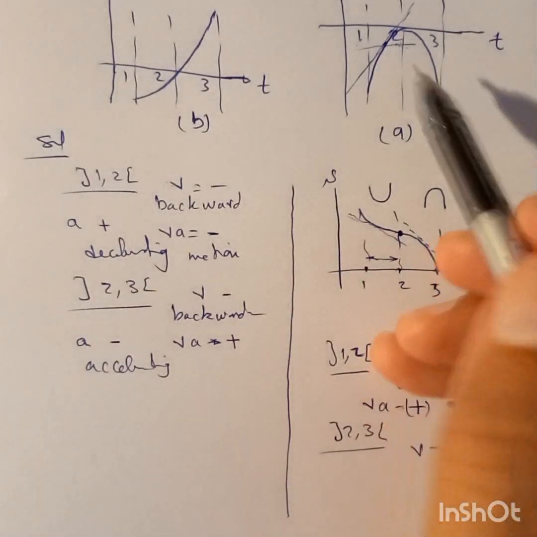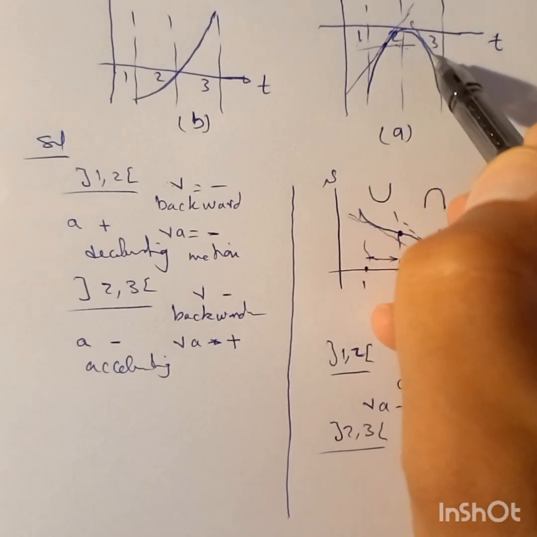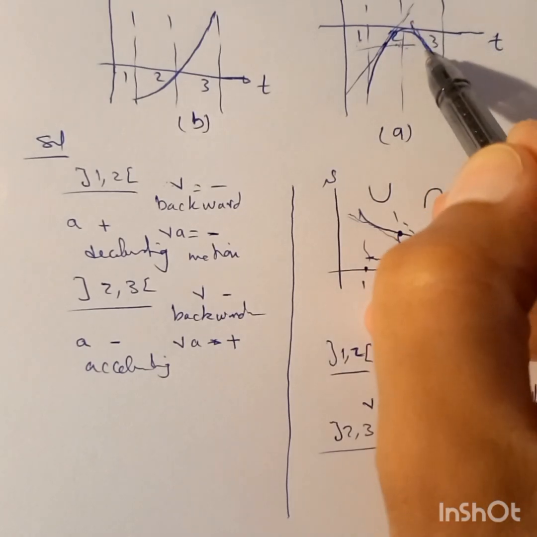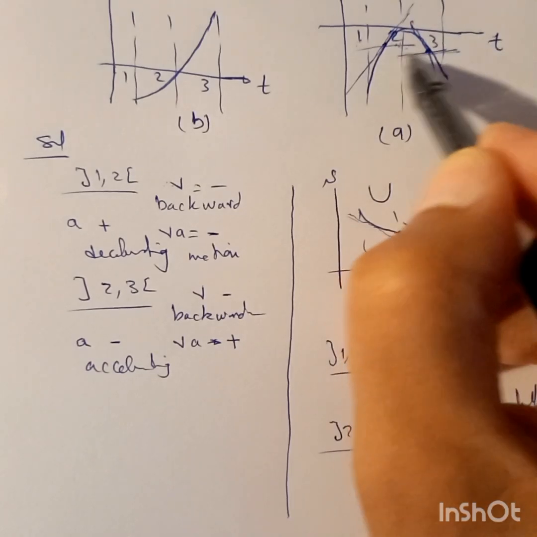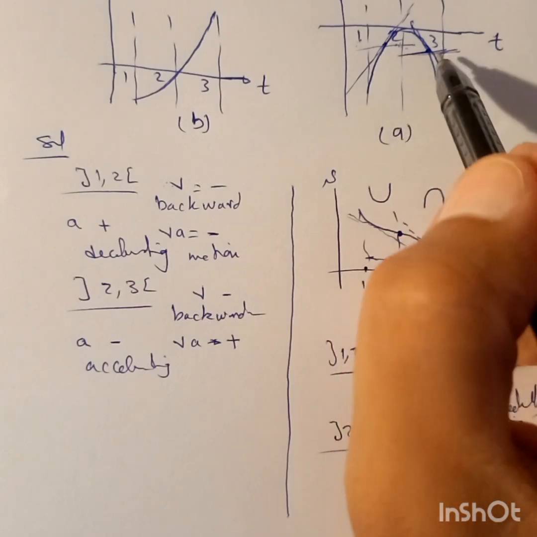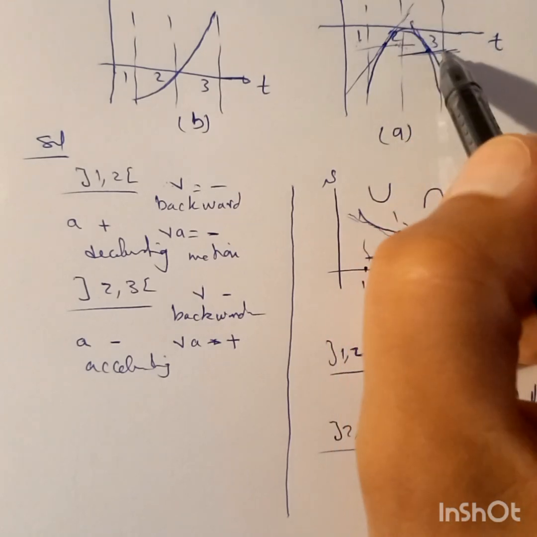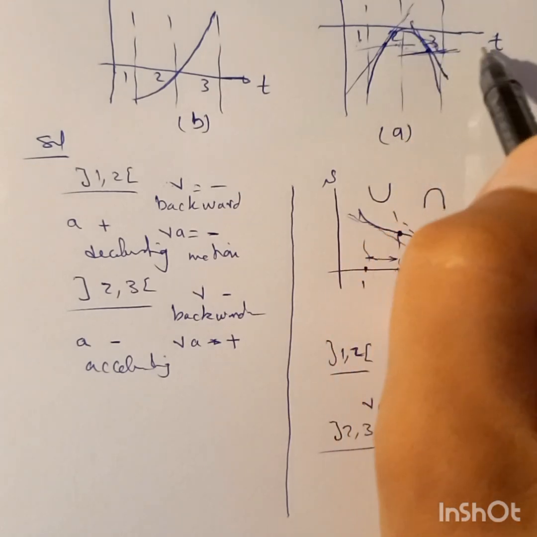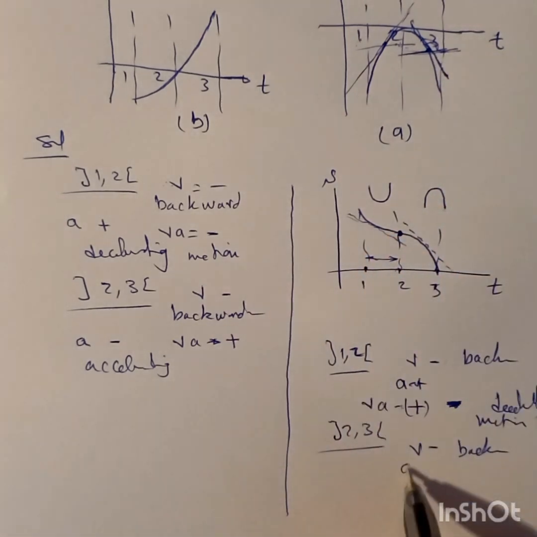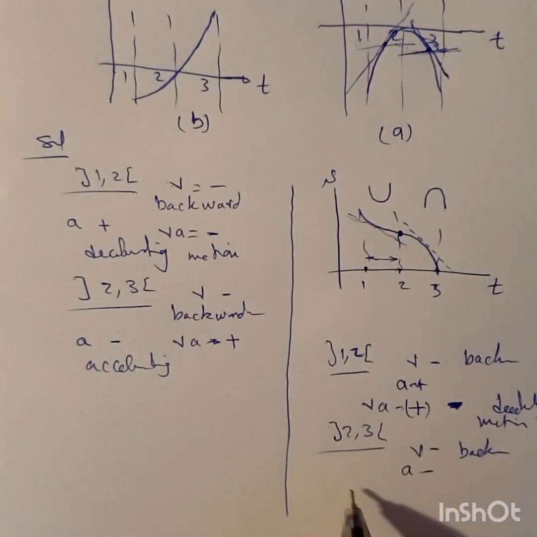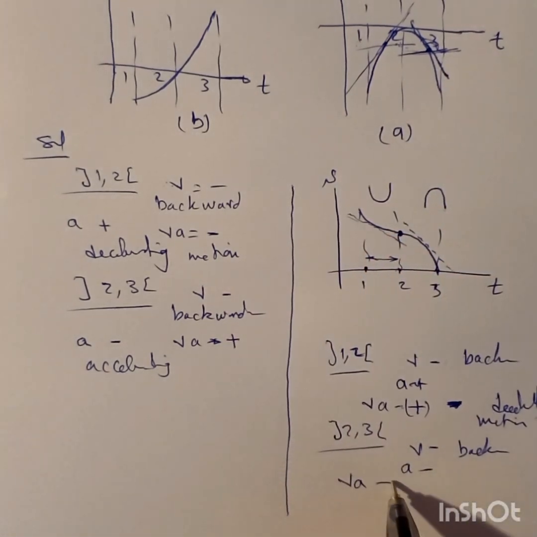Here the slope of the tangent to any point during 2 and 3, the tangent makes an obtuse angle with the positive direction of x. Then acceleration is negative. Then we can multiply v and a and find the result is positive.